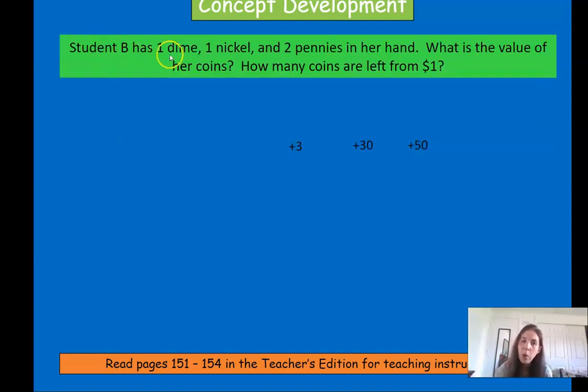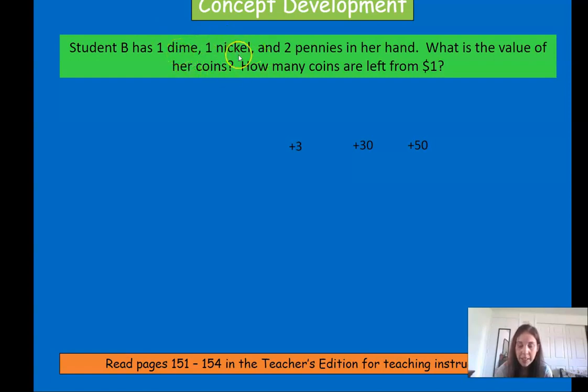Student B has 1 dime, 1 nickel, and 2 pennies in her hand. What is the value of her coins? How many coins are left from $1? So first we're going to see how much money she has. So we have a dime, a nickel, and 2 pennies. So 1 dime equals how many cents? 10.